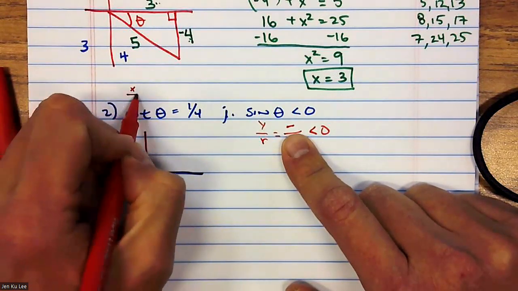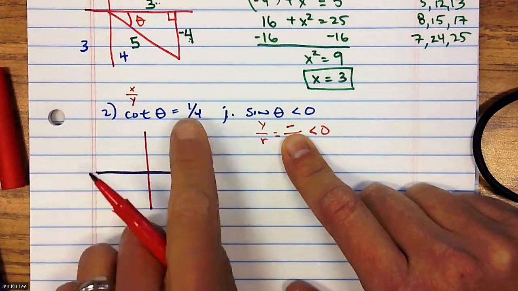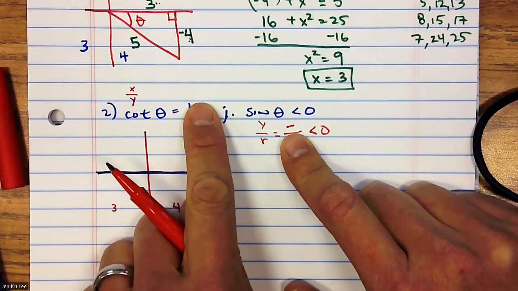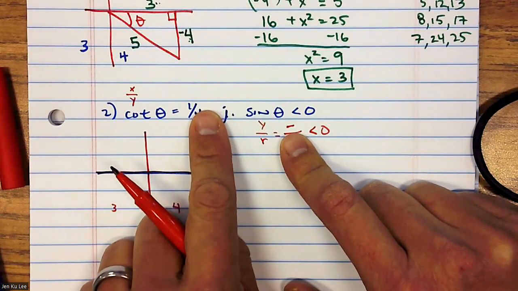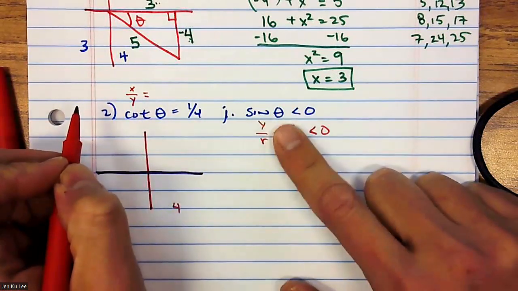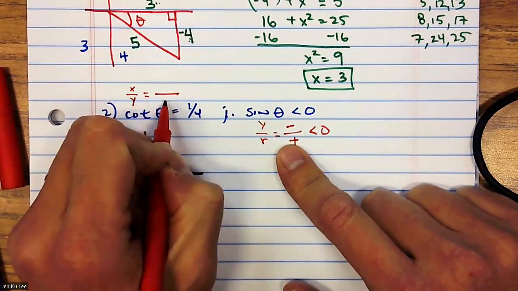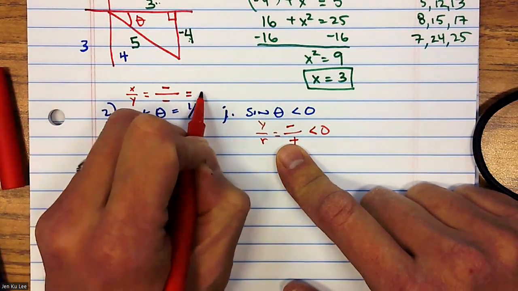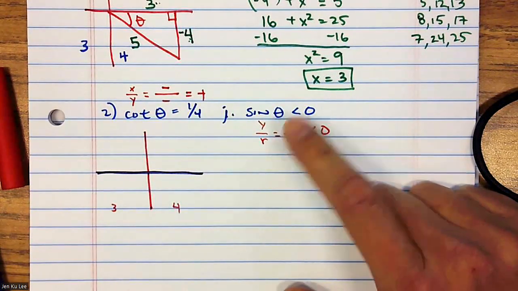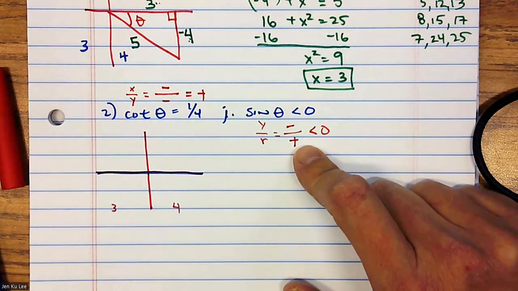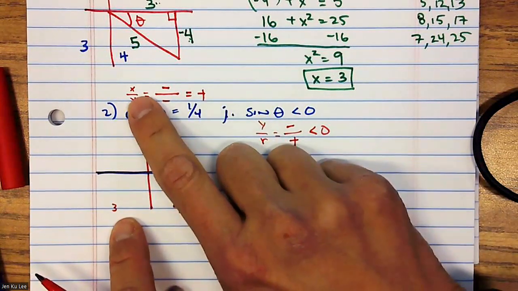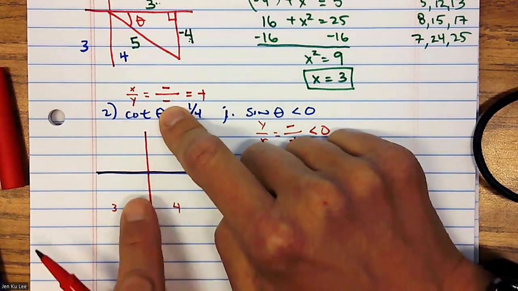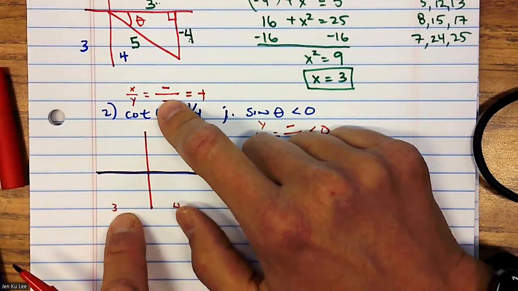Cotangent, which is x over y, needs to be positive 1/4. Honestly, the 1/4 doesn't really matter right now; it needs to be positive. But I already know my y is negative, so that has to make my x negative in order for this to be positive. Negative divided by a negative is a positive. Which quadrant has my x negative and my y negative? Negative, negative, that's my third.